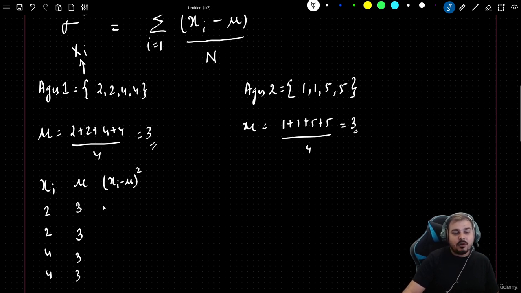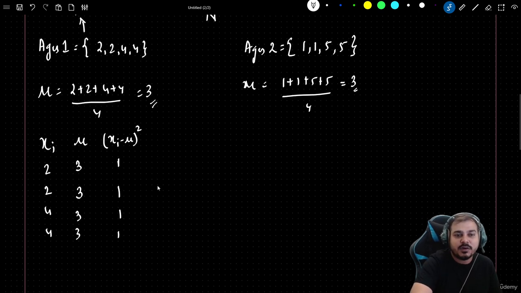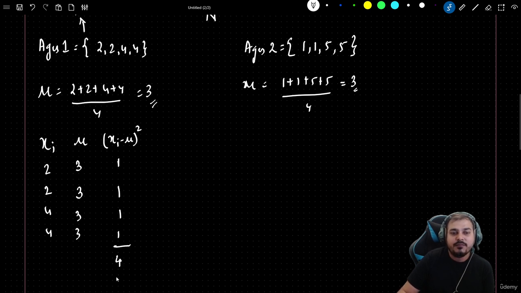So it is 2 minus 3, which is minus 1. Minus 1 whole square is 1. Then again this will be 1. 4 minus 3 will be 1. Finally I do the summation of all these things, and the total summation will become 4, right?